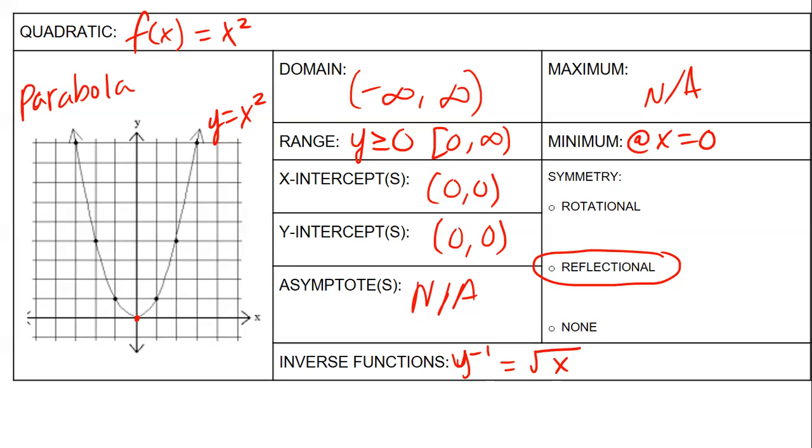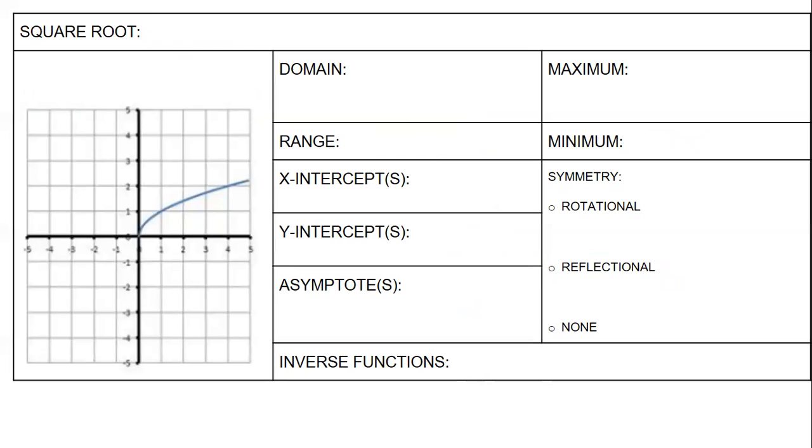Questions about the quadratic? All right, you just got one more to do, which is the square root. So we have f of x equals the square root of x. Now, here we have a defined starting point, right? So our domain is x is greater than or equal to 0, which means it starts at 0 and goes to infinity.